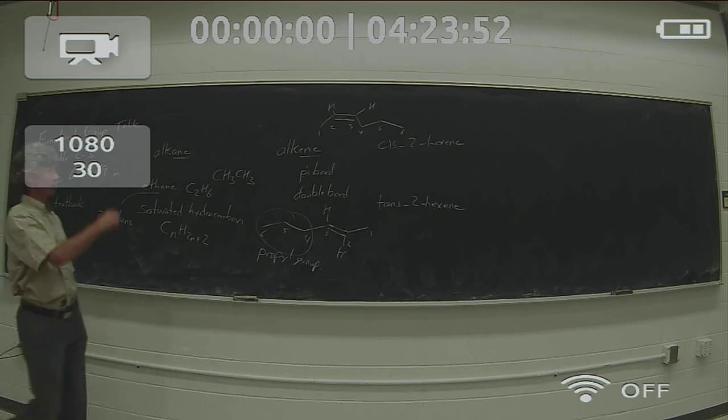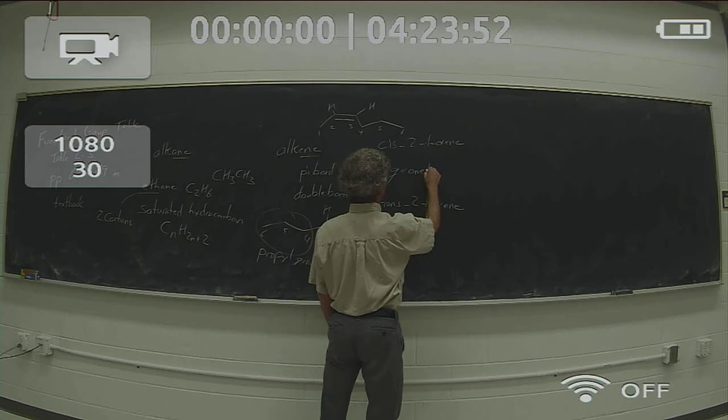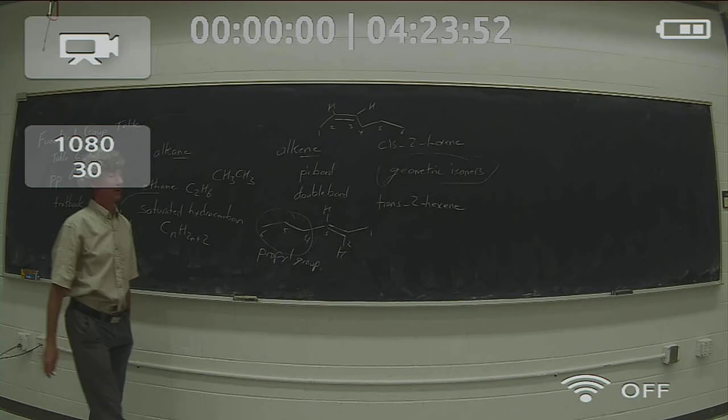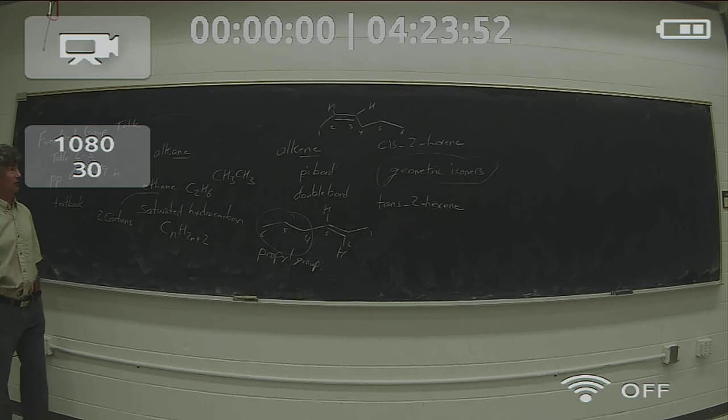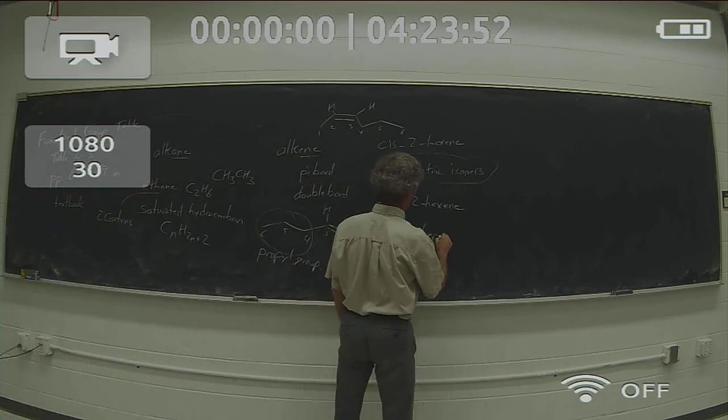So we have geometric isomers, cis 2 hexene and trans 2 hexene. Those are both a subset of stereoisomers, which we talked about in general chemistry.